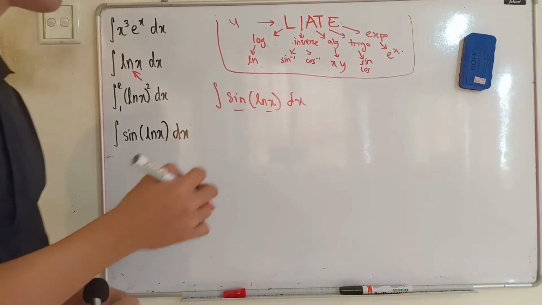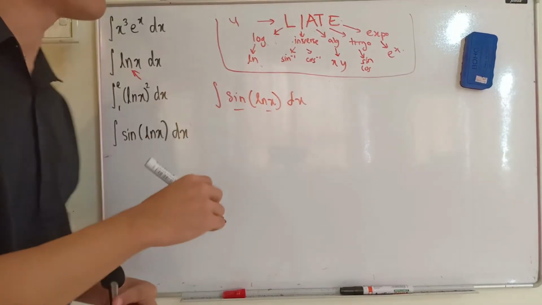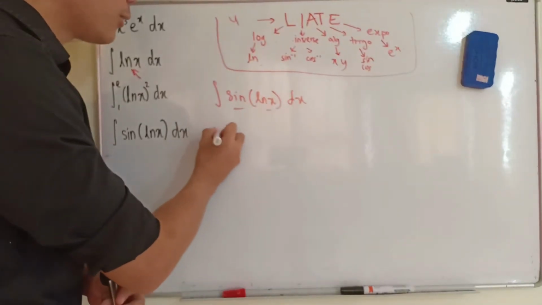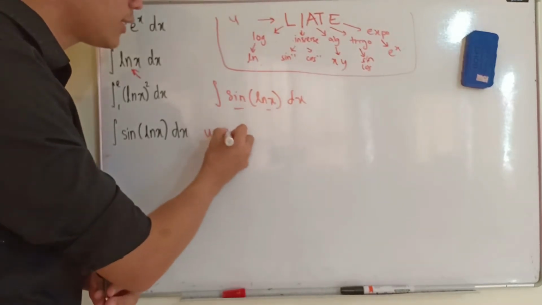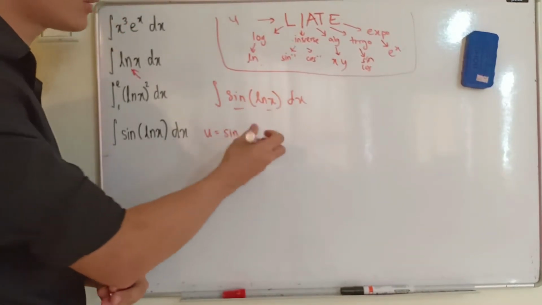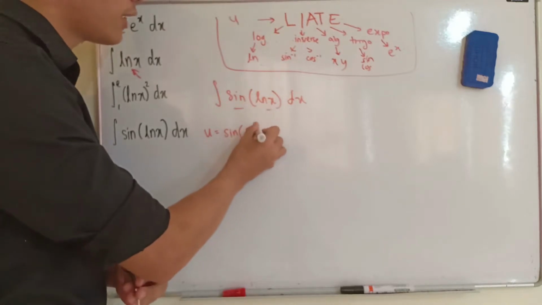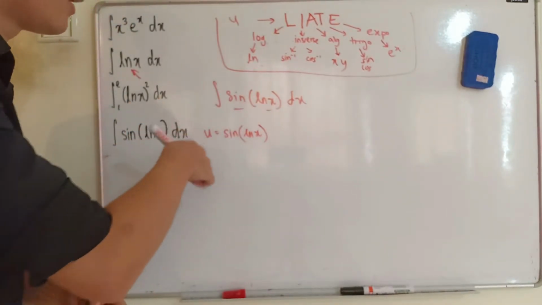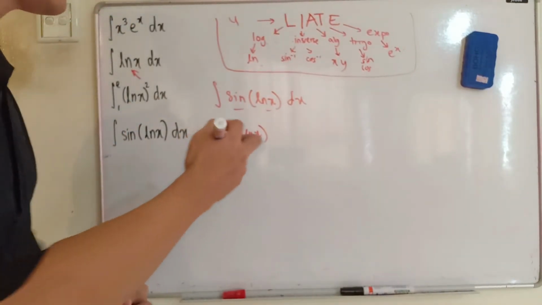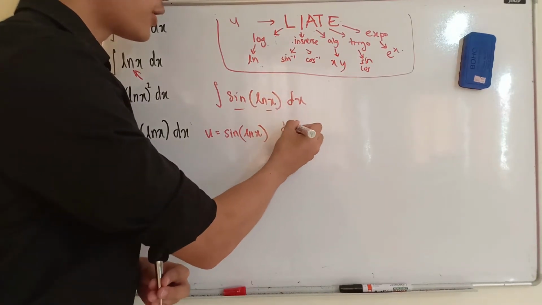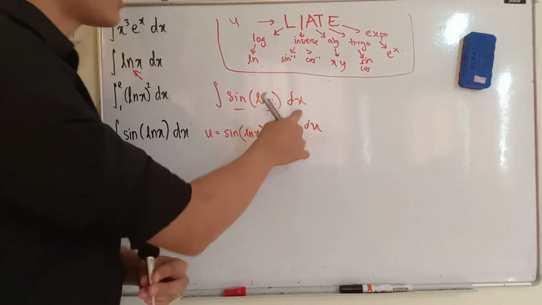Since your ln is inside your trigo, you need to bring your trigo as well. So you need to let your u equal to sine ln s. You need to bring your sine as well. So your dv is going to be the rest, which is your ds on the left here.